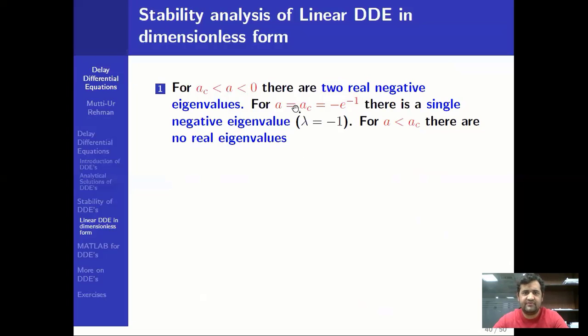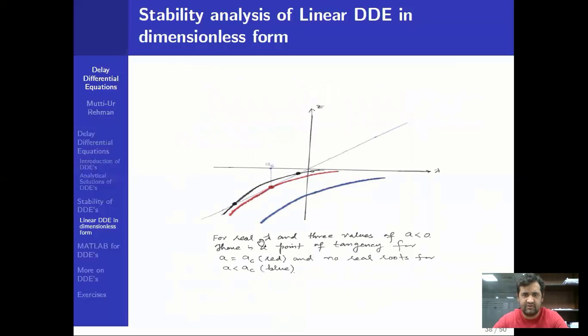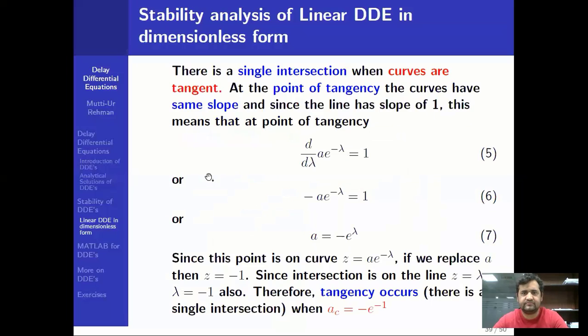If I choose A exactly equal to A_C, which is the point of tangency, then I have one eigenvalue, which is negative. And if I choose A less than the point of tangency, then you will see that we will have no real eigenvalues. It's very clear from this picture.